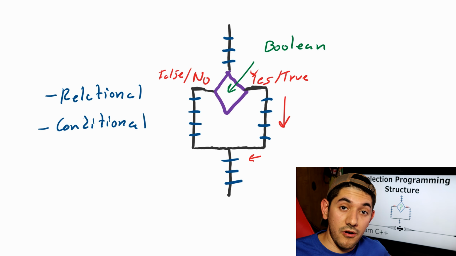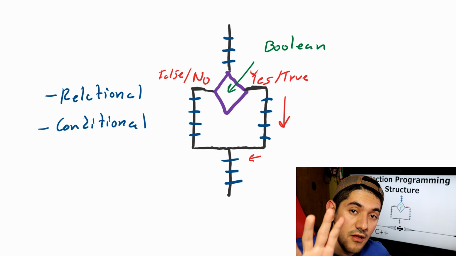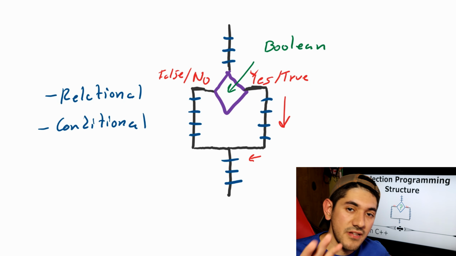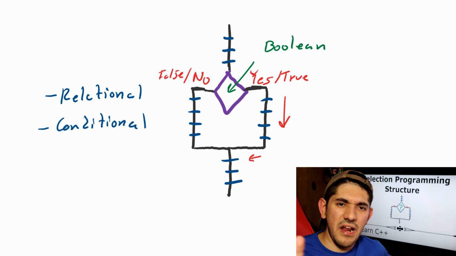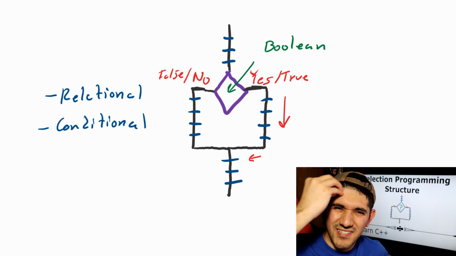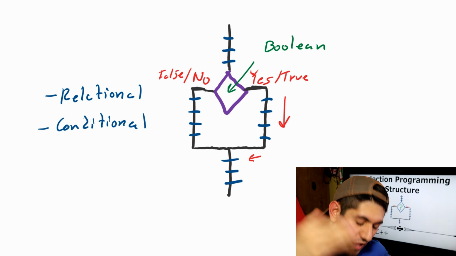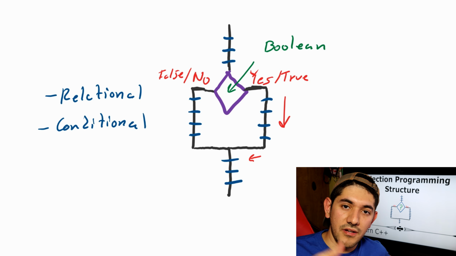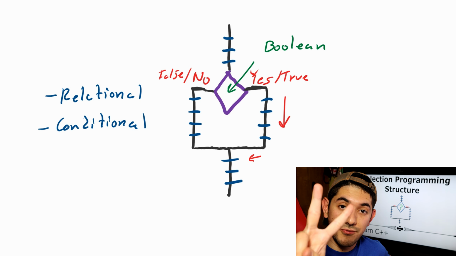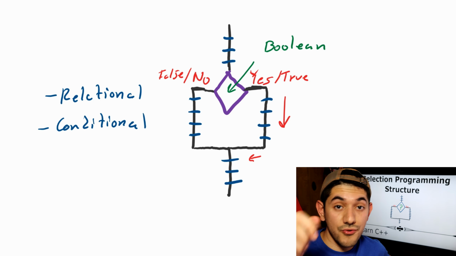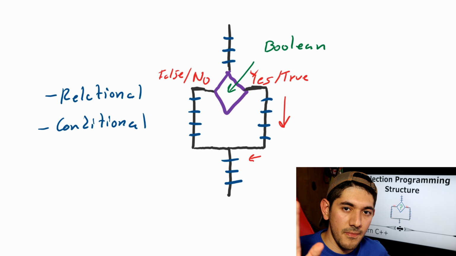Now, before you move on to the next video and start watching these relational operators and conditional operators, I want you to do a little exercise. You don't have to work, no homework, just something for you to do in your head. Everything that comes down into this purple diamond has two choices, yes or no, true or false, whichever you prefer.